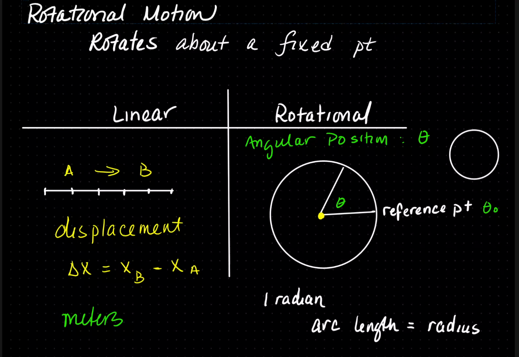As the object travels in a rotational motion, its angular position changes to a final theta. To find the resultant theta, that's delta theta, which is theta final minus theta initial. This is measured in radians. Radians is the SI units.